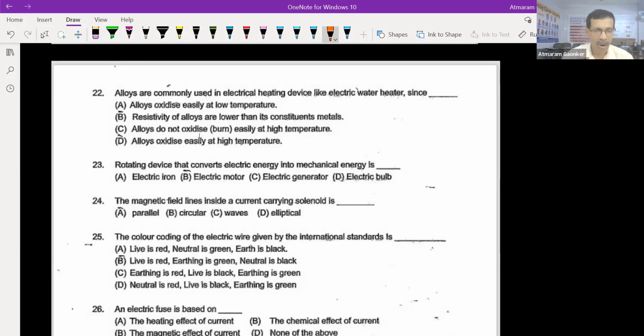So alloys do not oxidize or burn easily at high temperature. In electrical devices, temperature goes very high, and that is why option C is the correct option. A rotating device that converts electrical energy into mechanical energy is an electric motor.